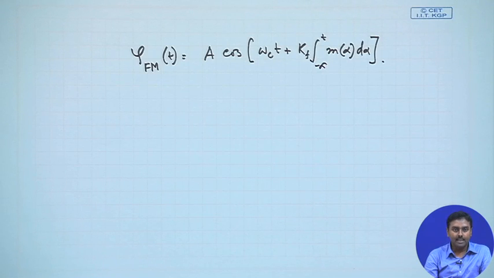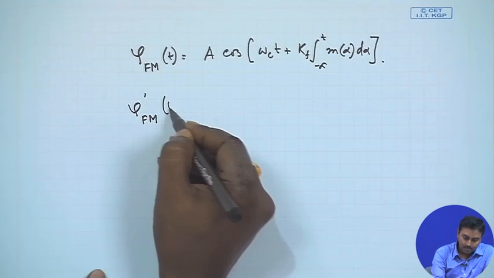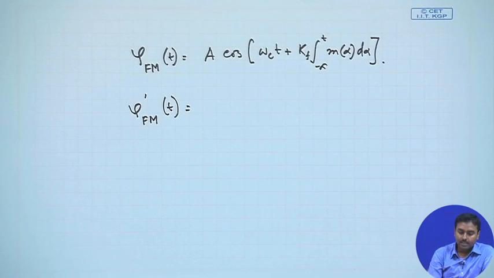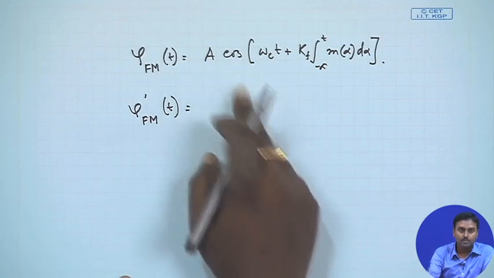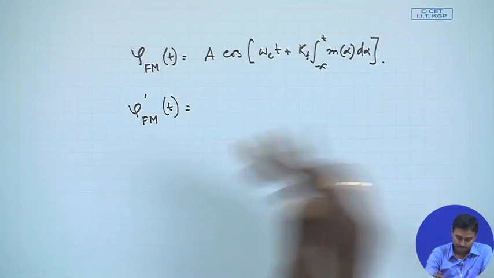The first thing I will do is, if you carefully see this, differentiate this signal. So, simple differentiation, and whenever we differentiate we should use the chain rule. Differentiation of cos must give me sine, and then the inside part also has to be differentiated, right.